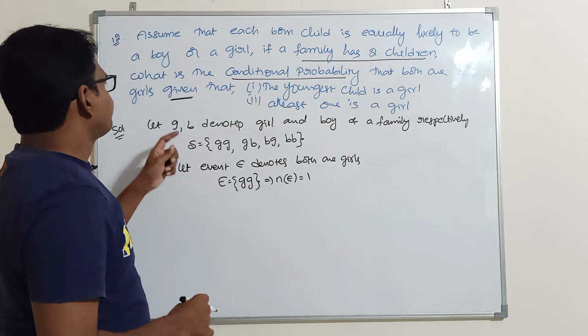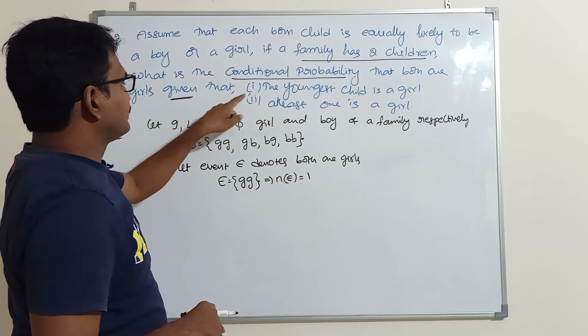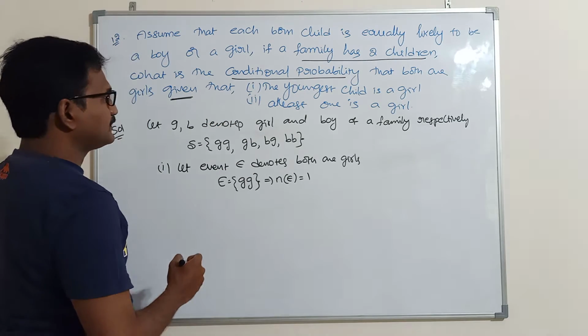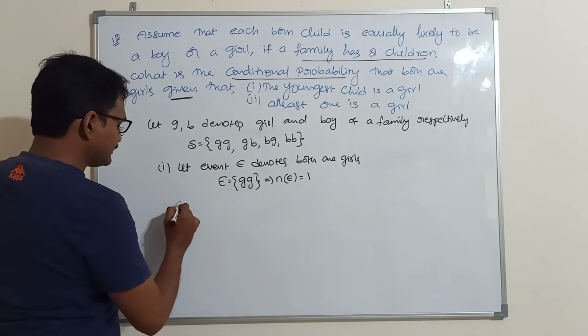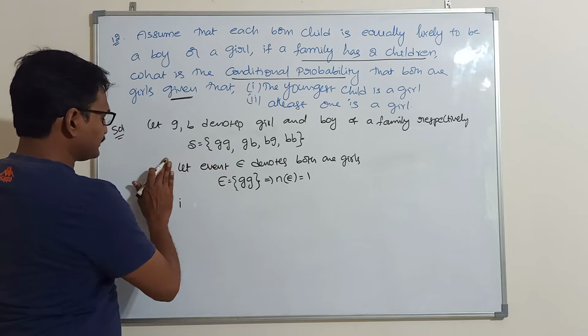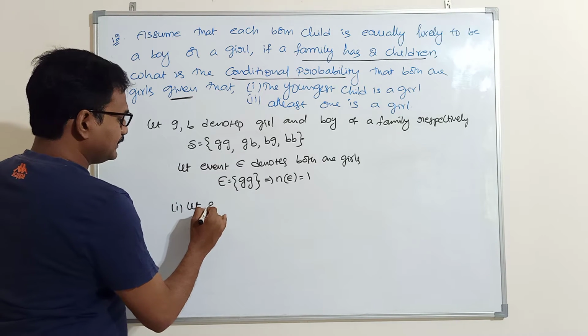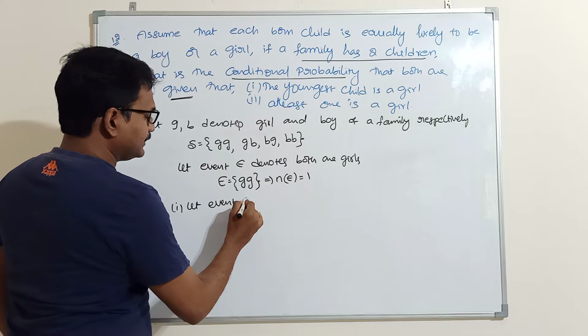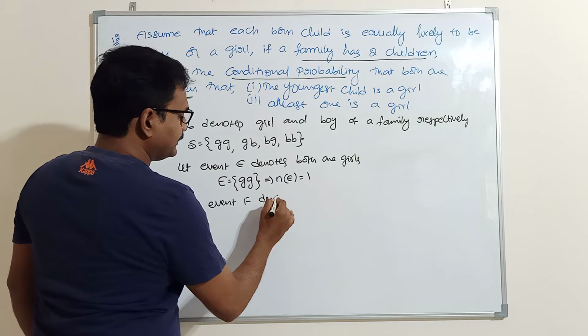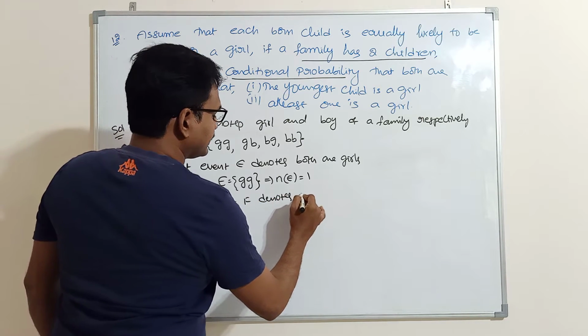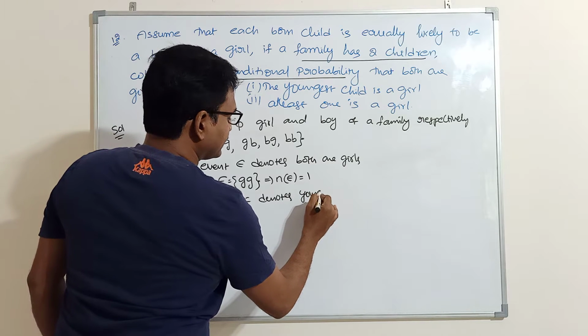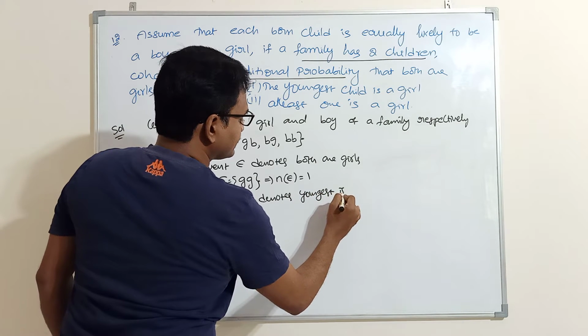Next, after the given, the first question is the youngest child is a girl. So for the first question, let event F denote youngest is a girl.